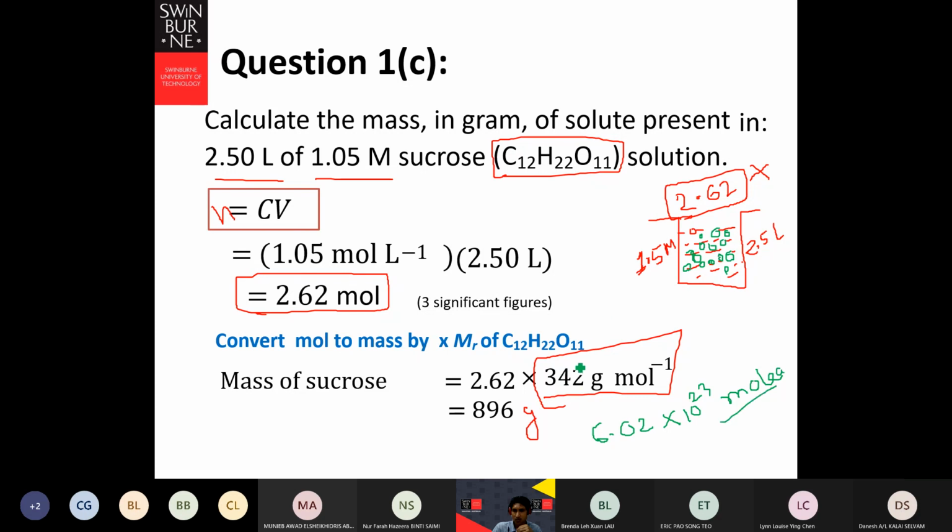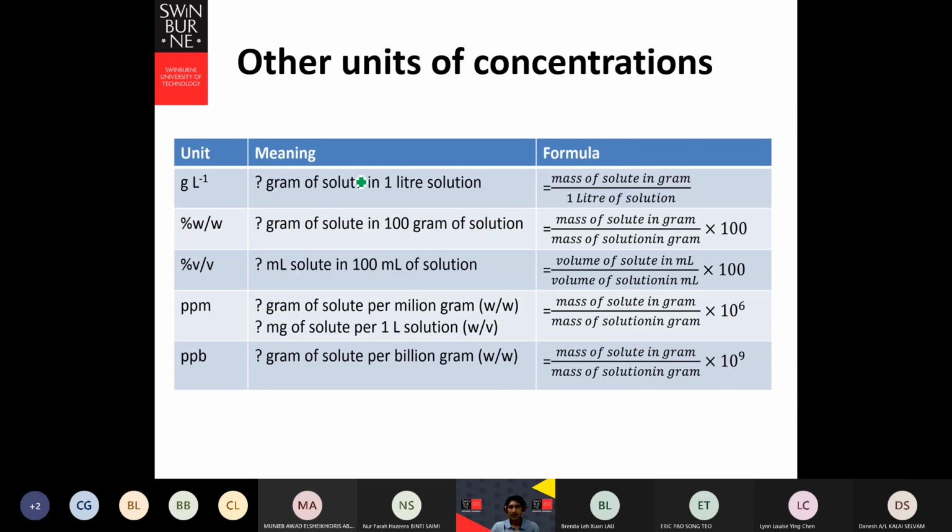So if I have 2.62 moles, we can just multiply by 2.62 and we will know how many molecules of this sucrose there are, right? Thank you to those who replied. So this is the molarity.